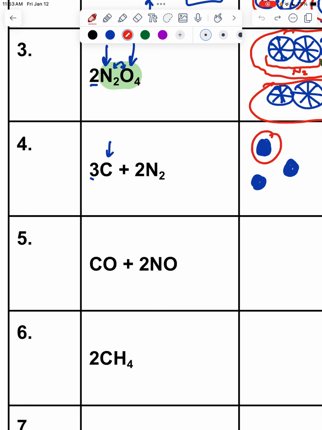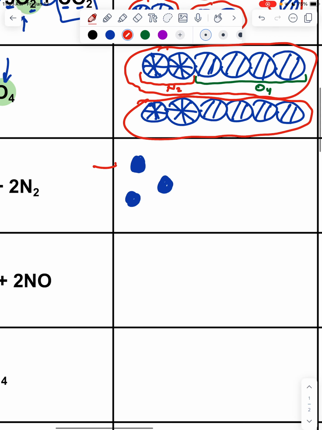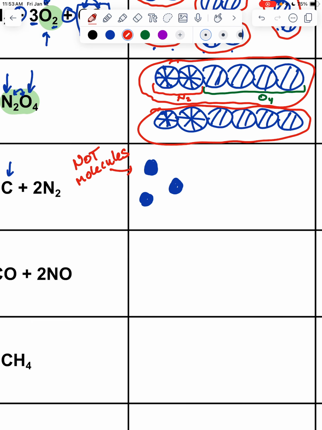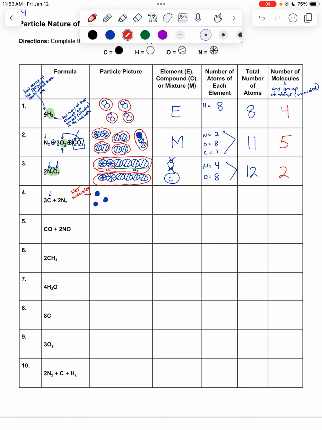They're not groups, which means they're atoms. So these would not contribute to the molecule amount, right? So these are not molecules. They are atoms, right? Because they're just the smallest bit. They're just 1 circle each. So you can finish that one and finish the rest, and then we will go over this when I'm back.